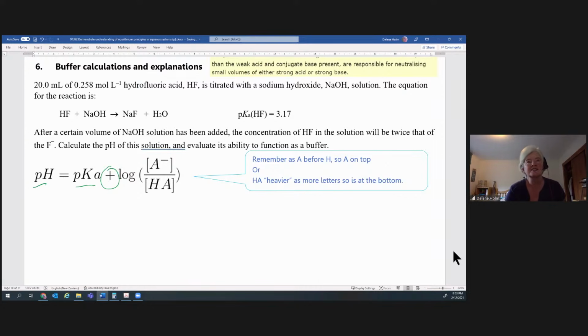One way is to think of A as the first letter in the alphabet, so it's at the top, and HA is at the bottom. So the base is always at the top. A minus is the conjugate base of HA, so that's how it works. Or, for the weak acid at the bottom, think of HA as being heavier. So if you tend to think of this as base and think of B, then just think of HA as heavier, so it's always going to be at the bottom.